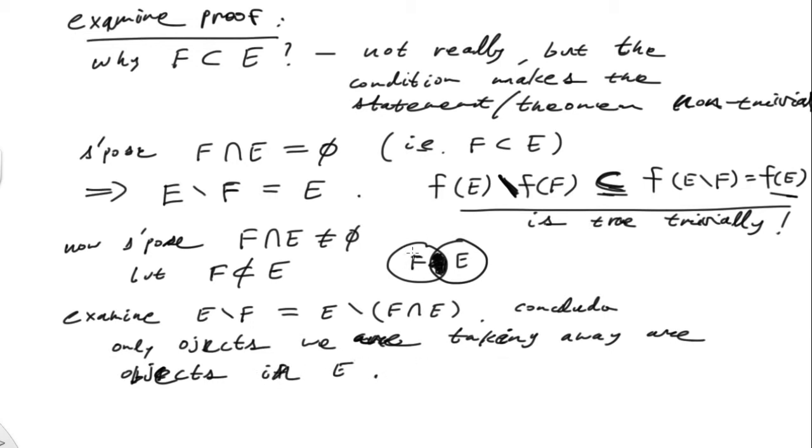So objects that are outside of E are redundant. So all else is irrelevant.